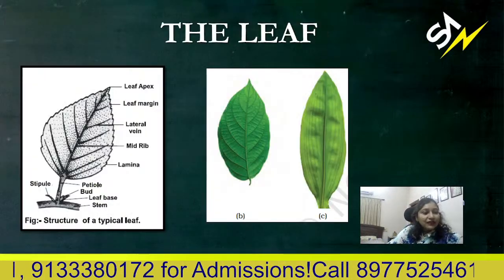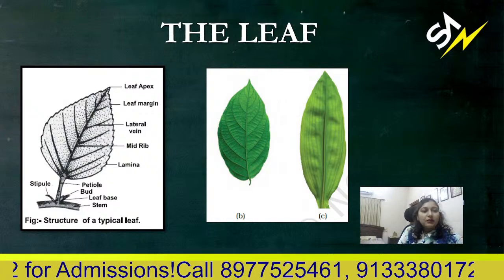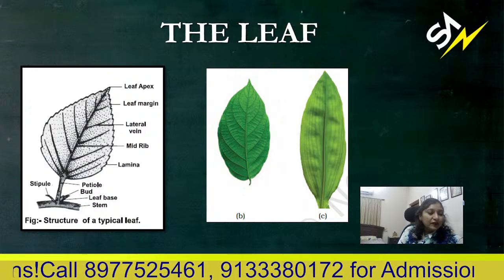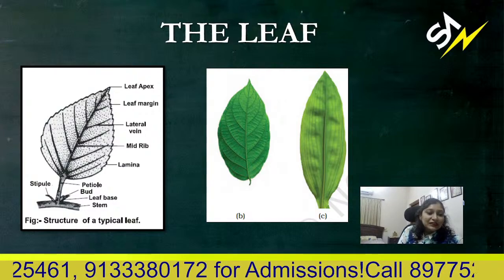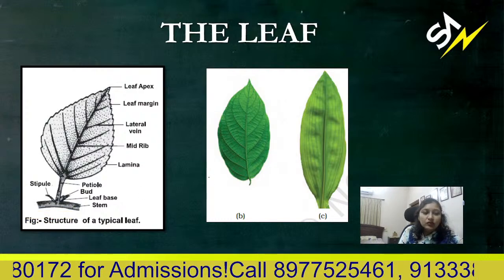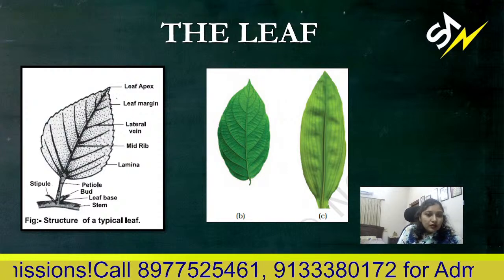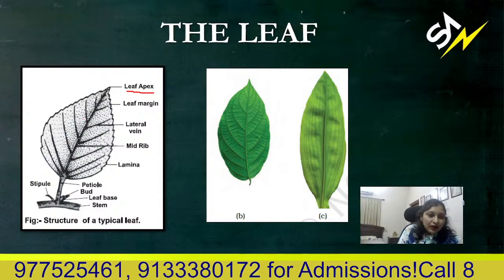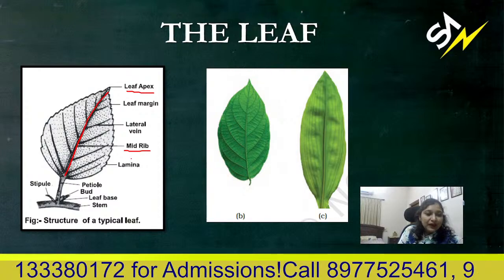Then it's about leaf now. So leaf, guys, what is the main function of leaf? What we will discuss in modification is function other than photosynthesis, right? The main function of leaf is photosynthesis. What are the different parts of a leaf? This is the leaf apex, this is the leaf margin, lateral vein, and in between the midrib, also known as the main vein.